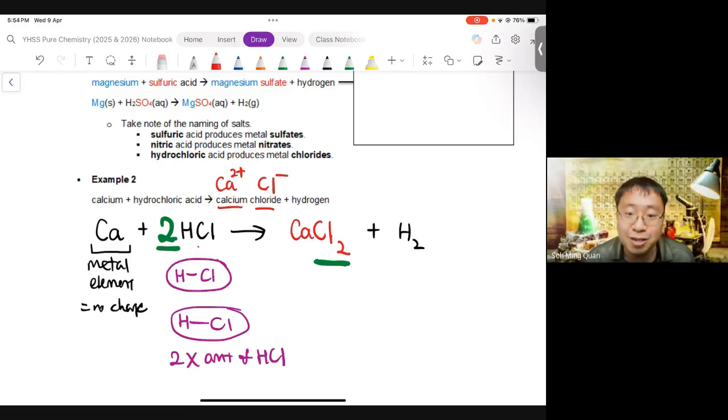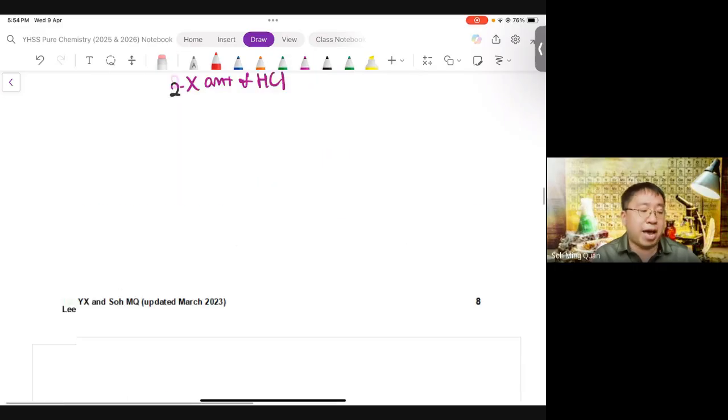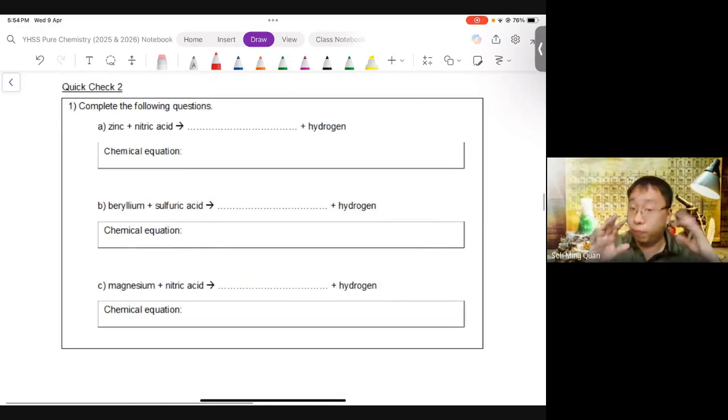Now, this is an important concept in balancing equations. So, may I encourage all of us to finish quick check 2. I'm going to spend a little bit of time on this before giving you the answer. So, please do it now. Do both the filling in the blanks as well as the chemical equation, and balance the chemical equation. Please start now.